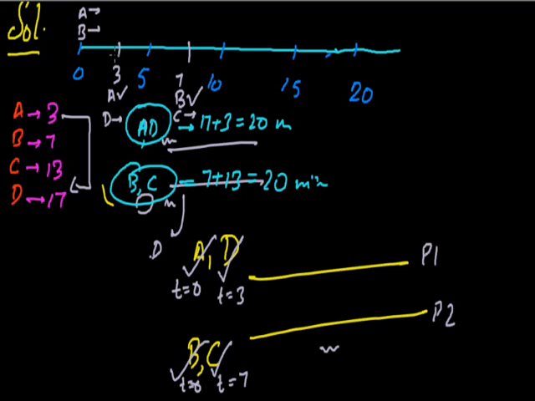D left at 3 minutes and takes 17 minutes, so D reaches at t equals 20 minutes. C left at t equals 7 and takes 13 minutes, so C also reaches at t equals 20 minutes. This way, we have kept the bridge busy for the entire duration, and hence this is the minimum time.